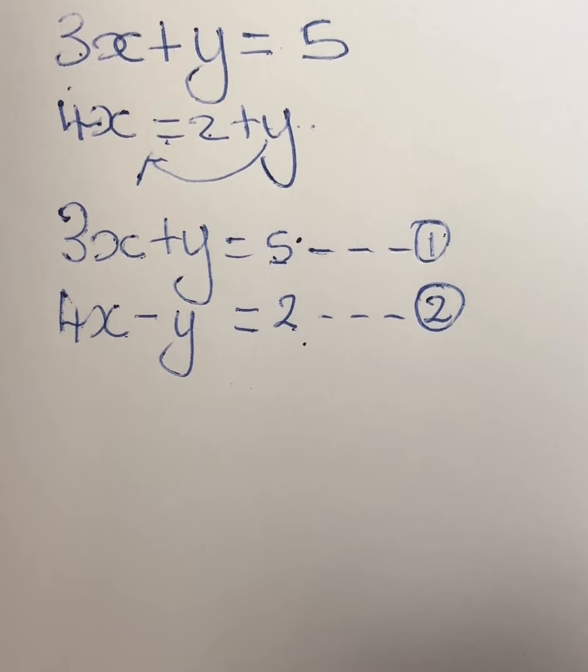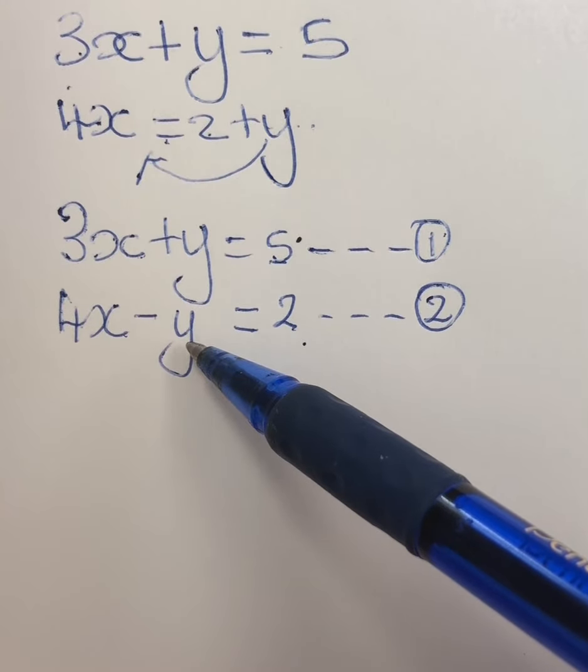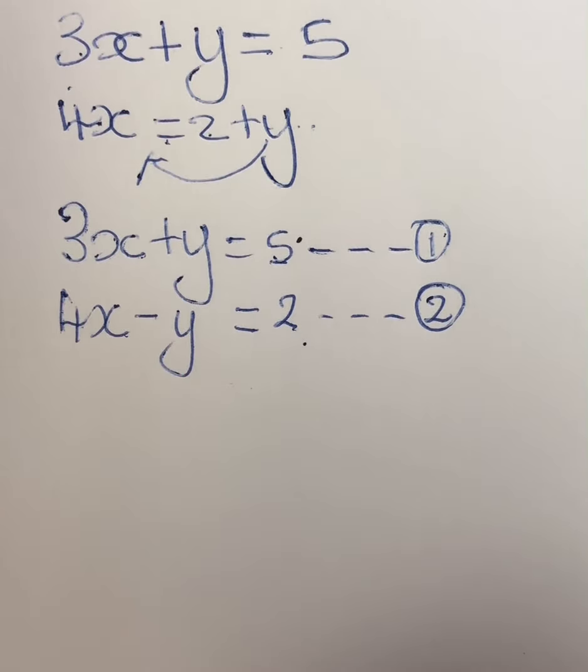Now, there are 4 methods of solving pairs of simultaneous equations: elimination, substitution, graphing, and the matrix method. In this video, I am going to use the elimination method. I can get rid of x or y. Let us look carefully.